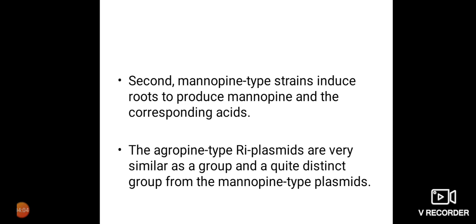The mannopine type strain induces the roots to produce mannopine and the corresponding acids. The agropine type Ri plasmids are very similar as a group and quite distinct from the mannopine type plasmids.